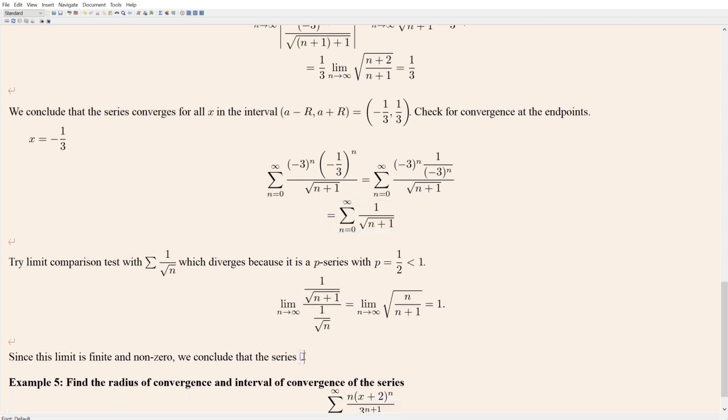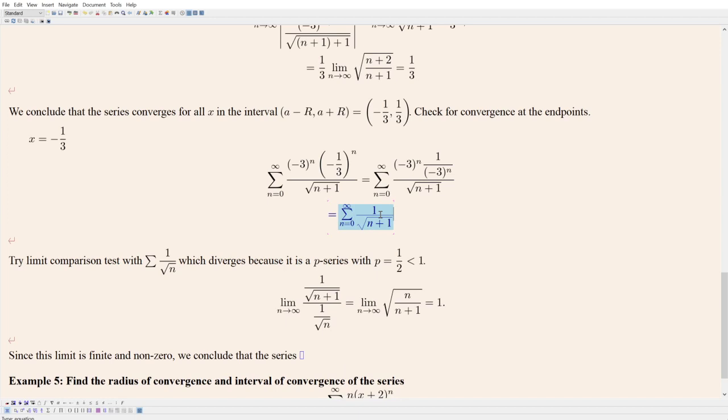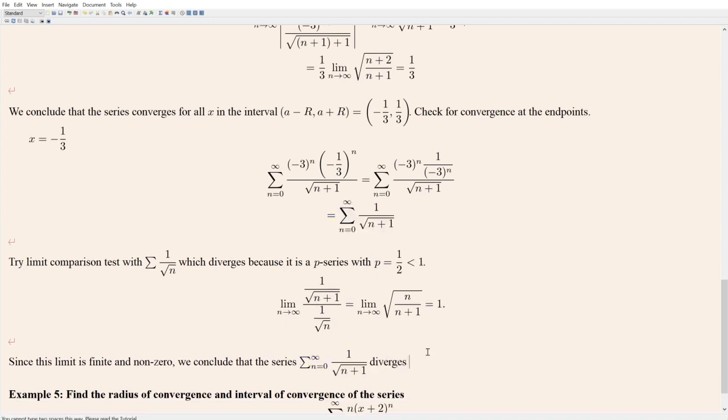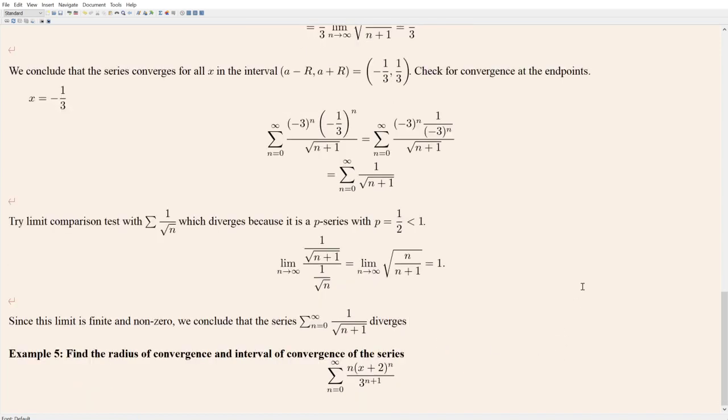So it diverges because we're comparing it to a dude which diverges. So that's the left endpoint.